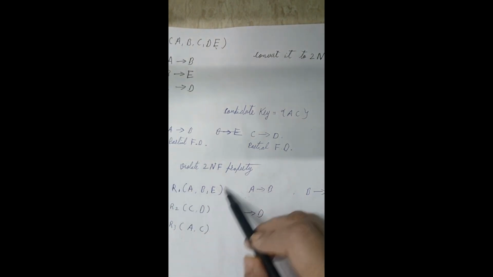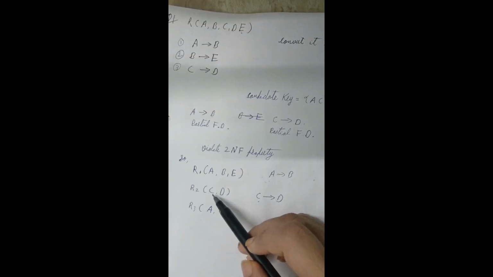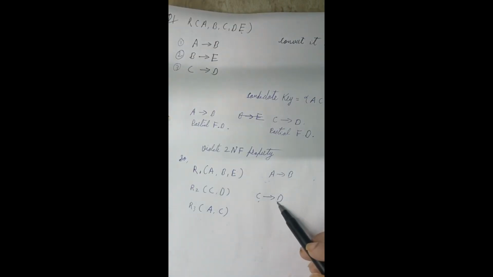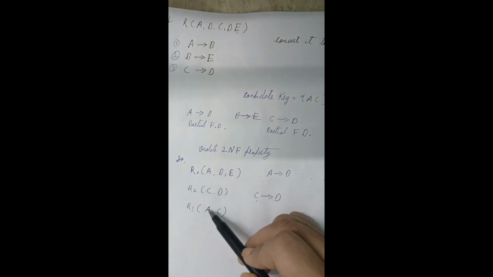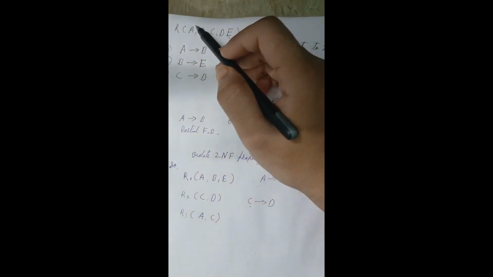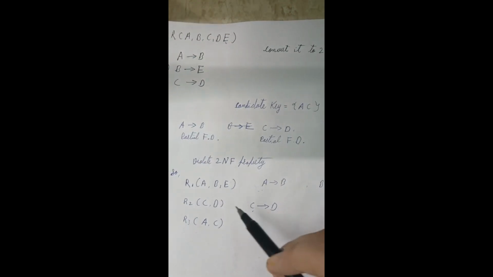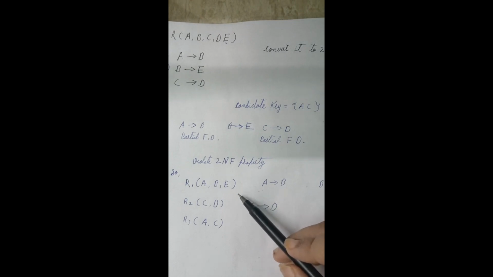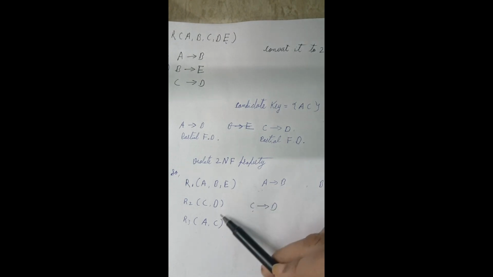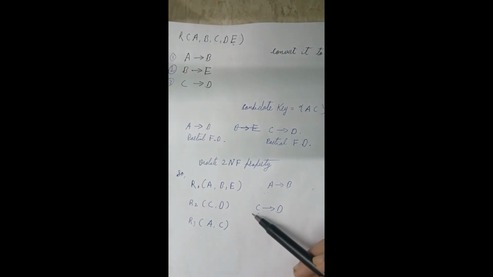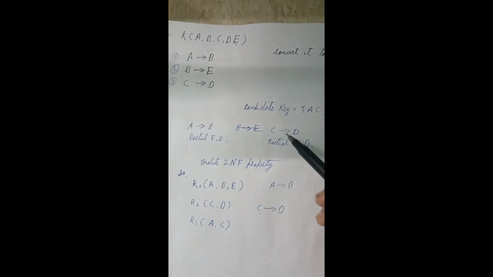This R1 is in 2NF. Similarly R2, in which C derives CD, C is the candidate key and R2 is in 2NF. But in our original relation R, the candidate key was AC, and in none of R1, R2 do A and C come together. So we will make another relation R3 which contains AC. In this way we can convert a relation into 2NF.